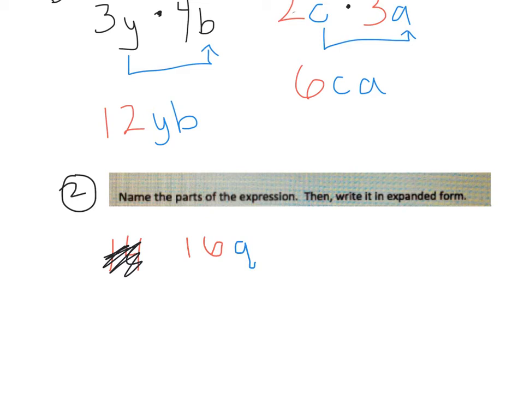Okay, 16Q. So what we're going to need to do is, number 1, name the parts of the expression, and they're looking for you to label them just kind of like this. So pointing to the 16, that will be the coefficient.